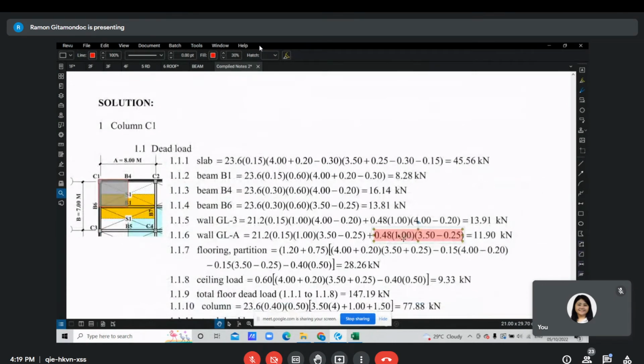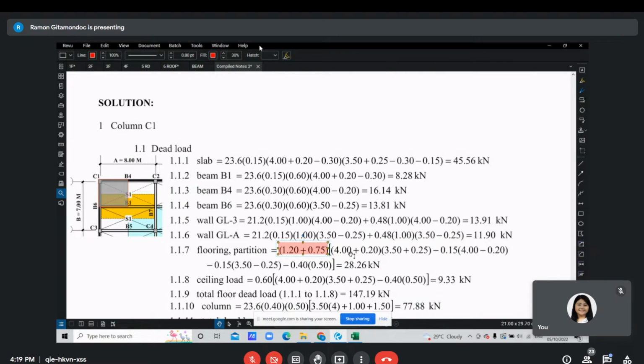So we combine the 1.2 plus 0.75, for the interior partition wall and for the floor tiles and cement topping, then multiply that by the tributary area.